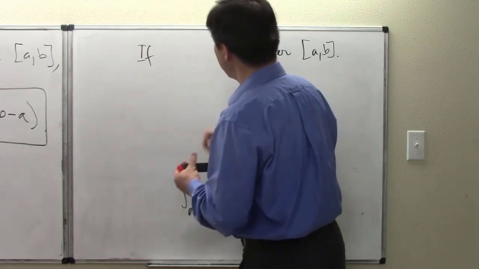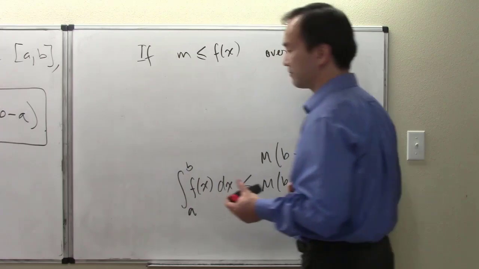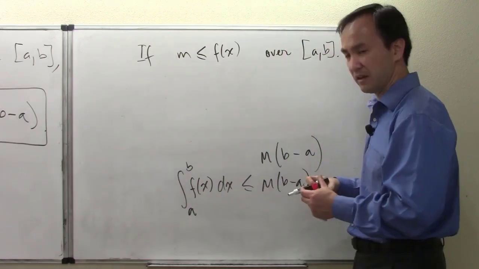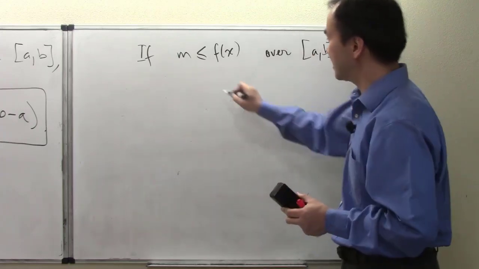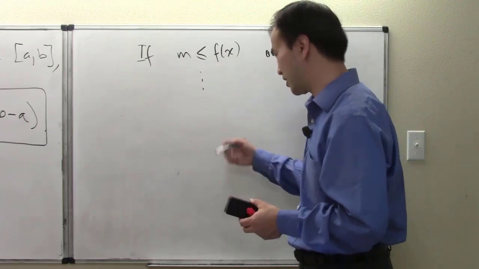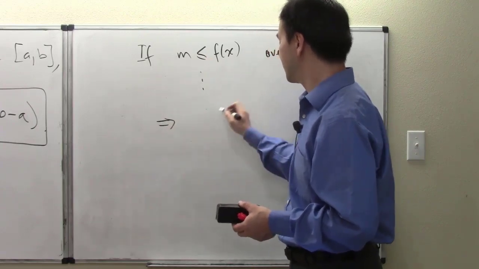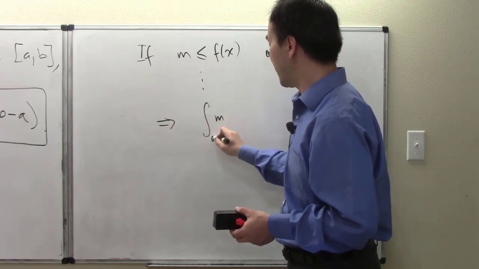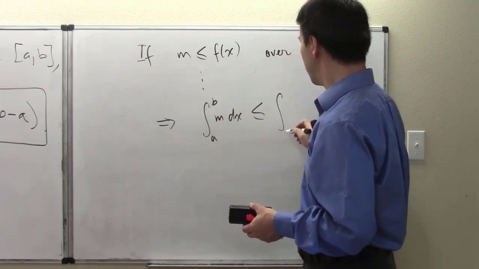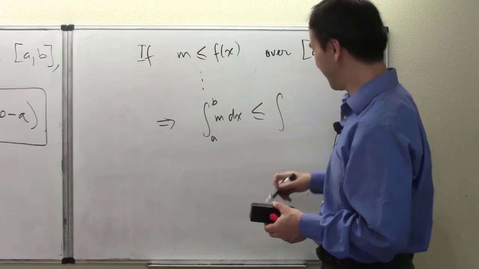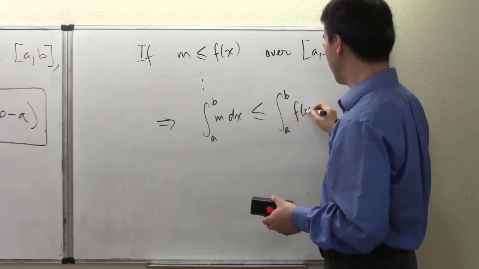If we recognize that the function f of x is greater than or equal to lowercase m in our interval a and b, then similar work will lead us down. You have seen the work now, so allow me to start skipping steps, but that will easily lead us to seeing that the integral from a to b of m times dx will be less than or equal to the integral, and that's right out of property number 6 again, accumulating from a to b on the function f of x.